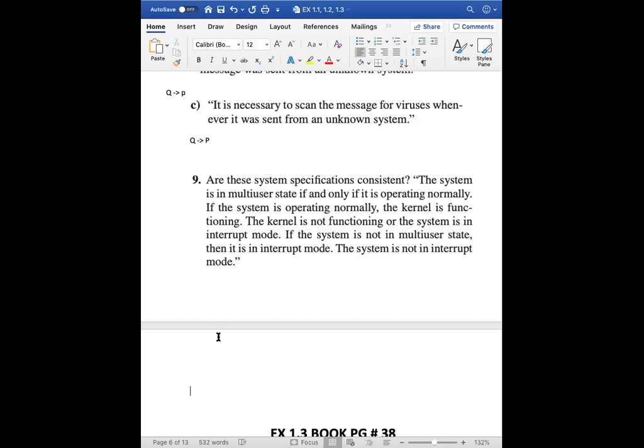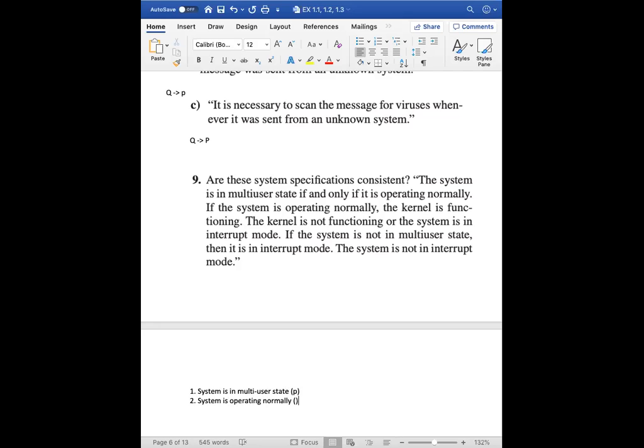So for example, for the sentence "system is in multi-user state," I will represent this with the variable P. Then I will have another one: "system is operating normally."